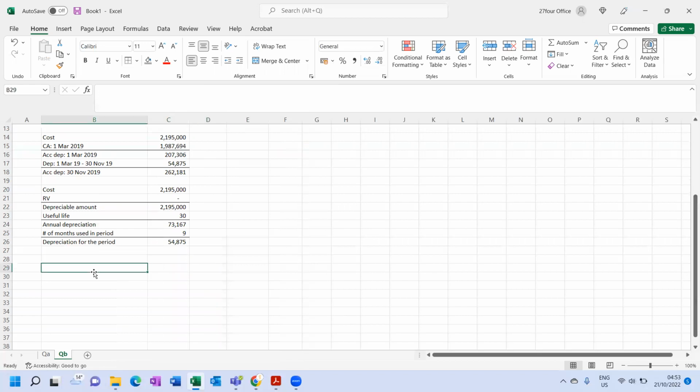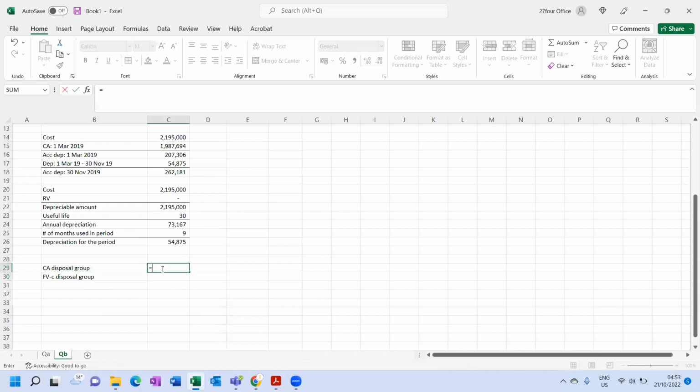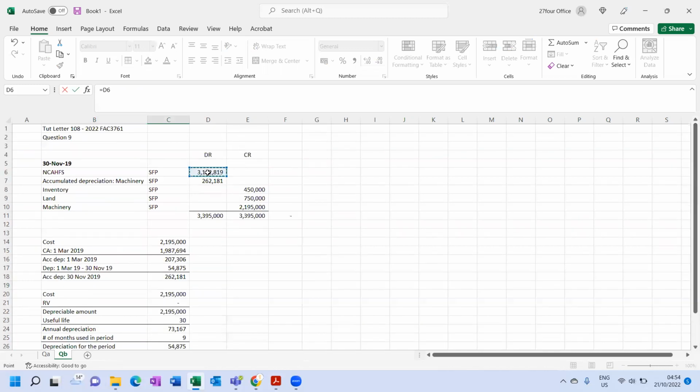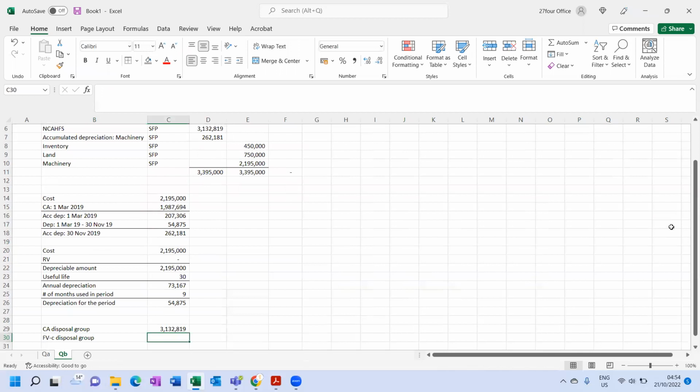So here you will have the carrying amount of the disposal group. Then you would have fair value less cost to sell of the disposal group. If you have a look at that, based on the calculation, we have that over there.